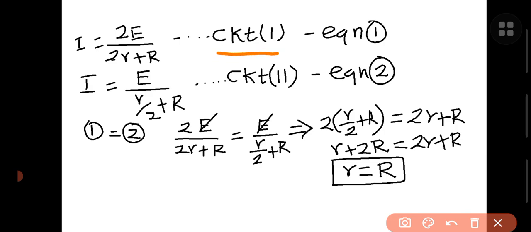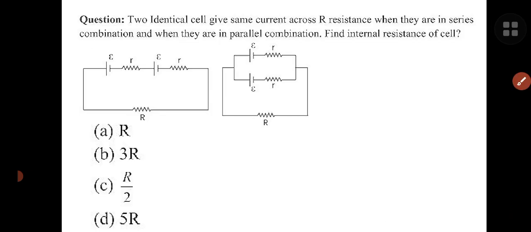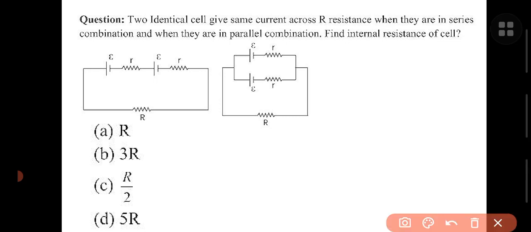From circuit number 1, let us find the I. From this circuit, the current flowing through the resistor R, capital R, is I. How to find the I?